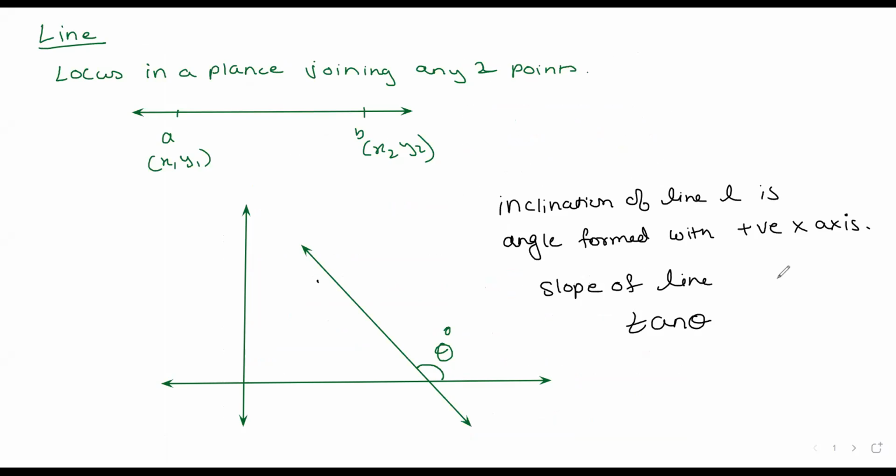Obviously, this theta is in between 0 and 180, because these are the only angles that can be formed with the positive x-axis. So the theta is between 0 and 180 degree. And tan theta is slope of the line.